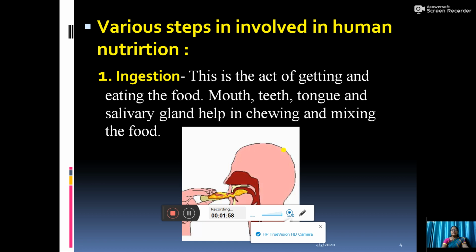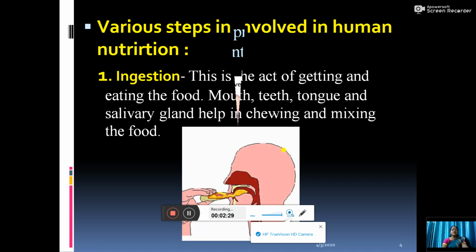Mouth, teeth, tongue and salivary glands help in chewing and mixing the food. You see the picture of how the man is taking the food and how the mouth is helping in taking food for eating. So it is clear to all of you what ingestion is.